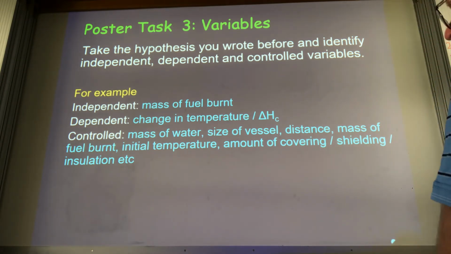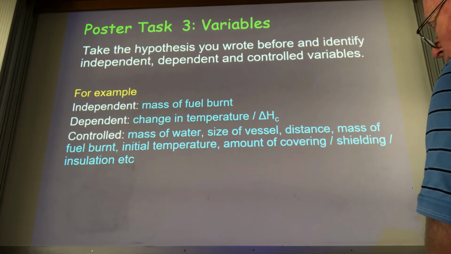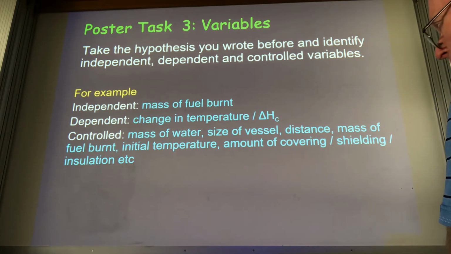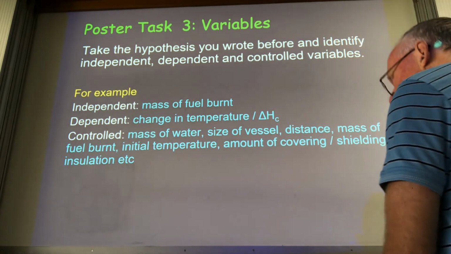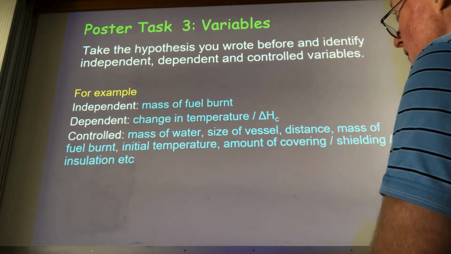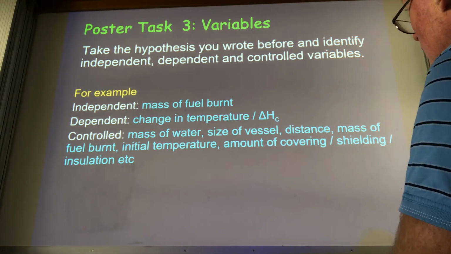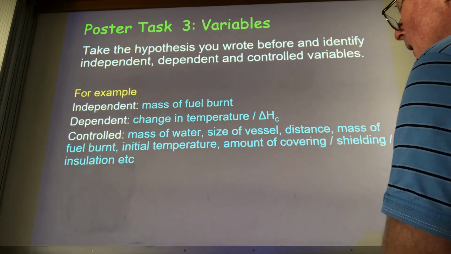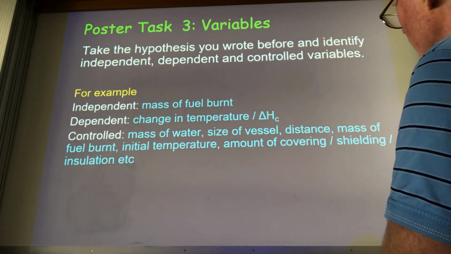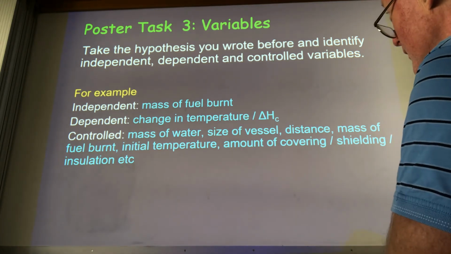It's kind of both. And everything else is a controlled variable. So there's a whole list of controlled variables. You're going to have a slightly different list to that, but there will be a lot of similarities. So if you could go away and submit your variables list, I'll have a look at that and then you can move on to the next section.